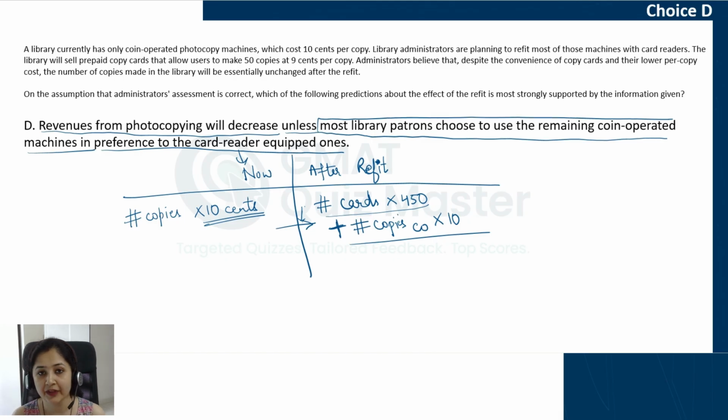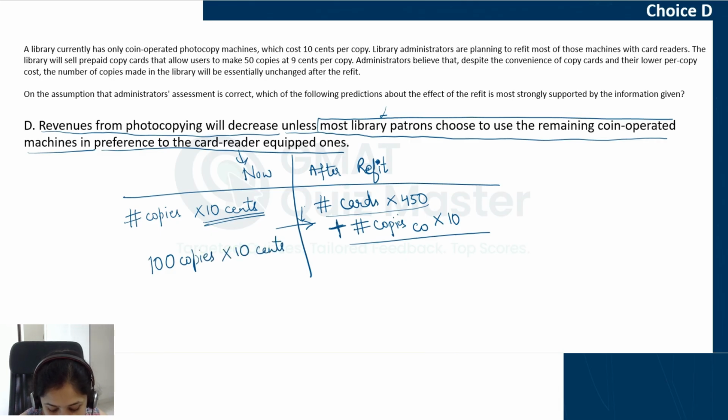So let's see what will happen if that is not true. Let's see if this inference is definitely true by evaluating the scenario in which it is not, that is, in which most of the library patrons are using the card readers. So let's take an example. Let's say 100 copies were being made earlier at 10 cents each. So the revenue was 1000 cents.